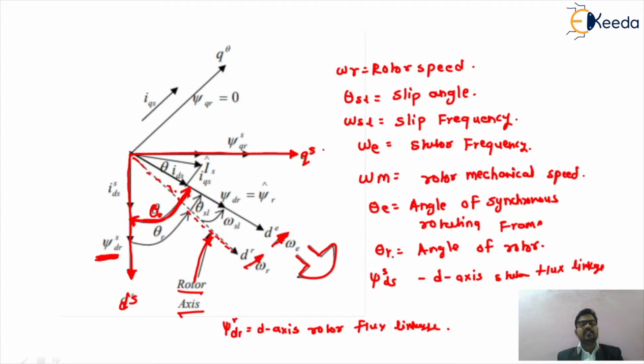Theta r is the angle of the rotor, because previously the rotor was positioned at the rotor axis, and now it is turned by a change in its angle. Omega r is the rotor speed. Now the d-axis component moves here, so we get different frequencies, and the values in terms of de and qe.